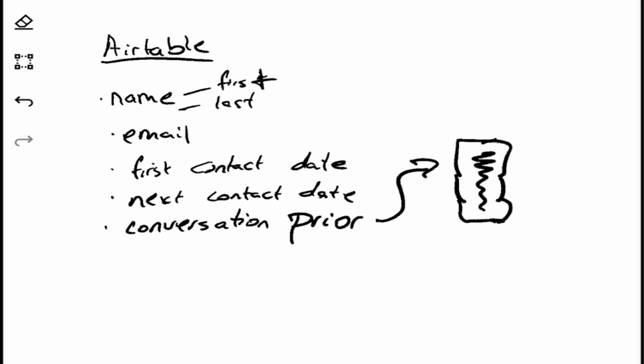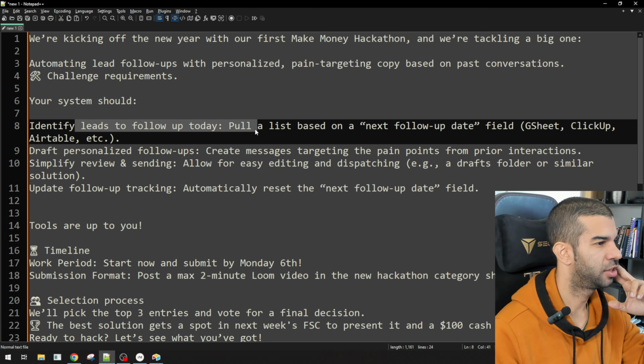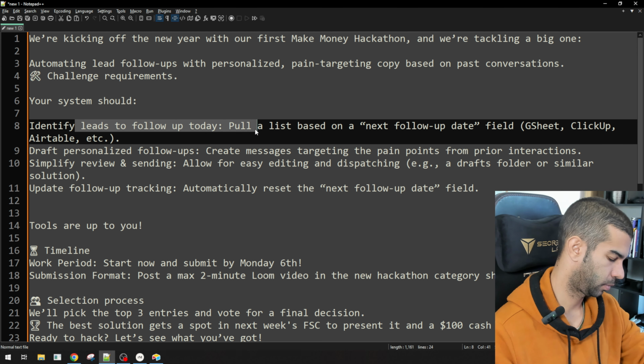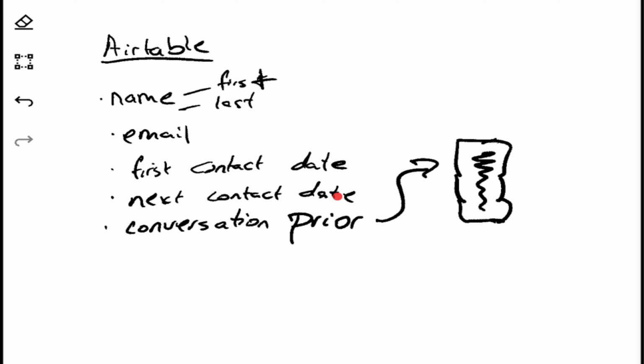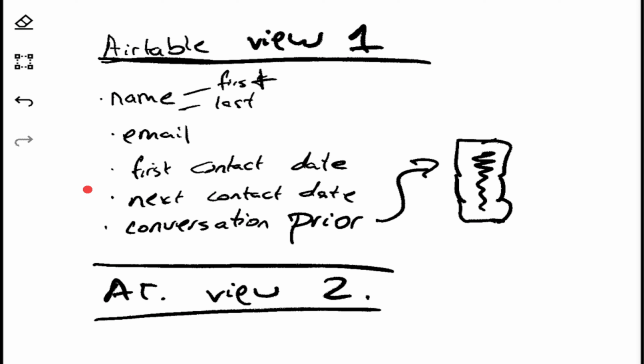We need to have a way to identify leads to follow up today. So next contact date here in our table, this can be one view. So Airtable view 1, but then we could also have Airtable view 2, which essentially just pulls in this next contact date.